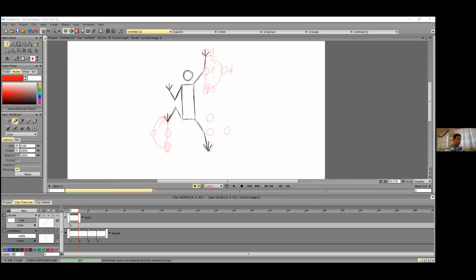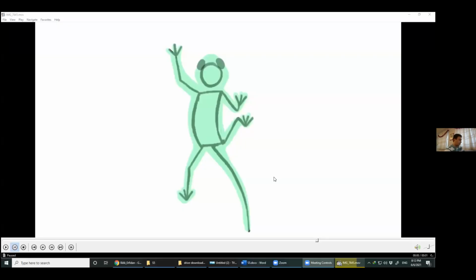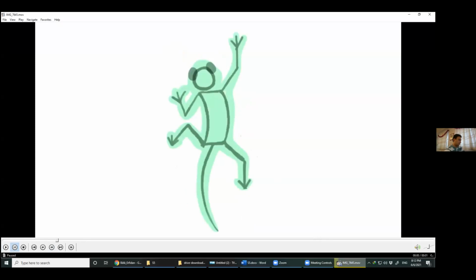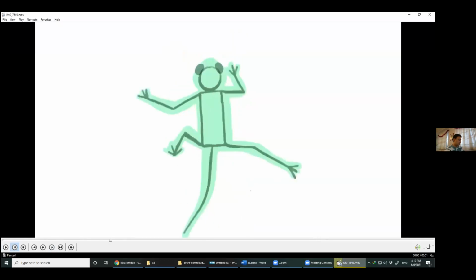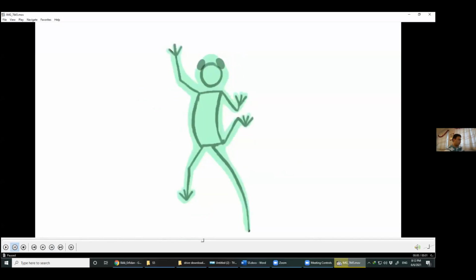I'm sharing my screen. Okay, Bala, you animated the tail. We didn't talk about the tail yet. This is your first frame. This is your second frame. It seems okay. Third frame is okay.